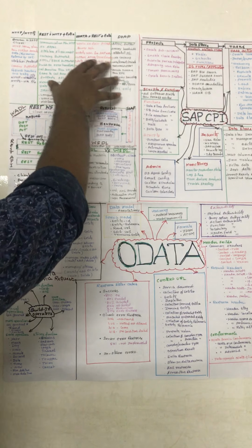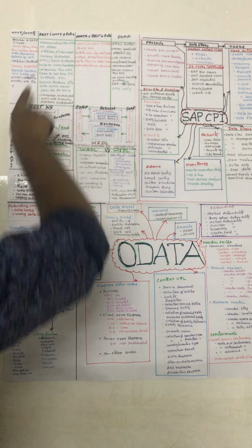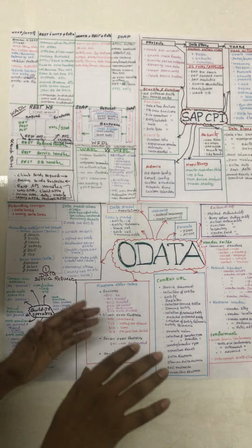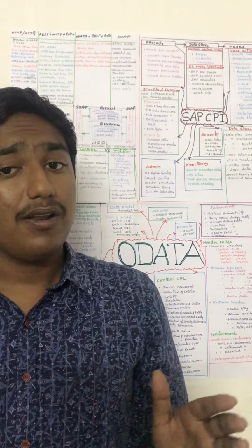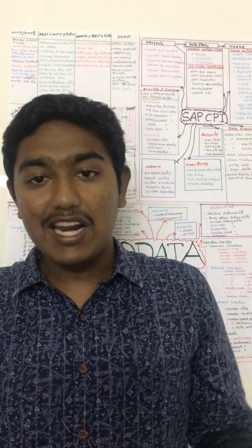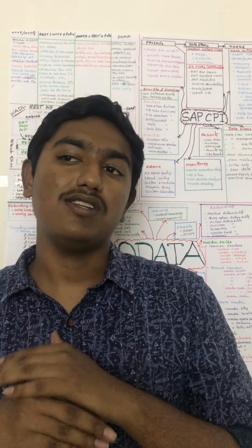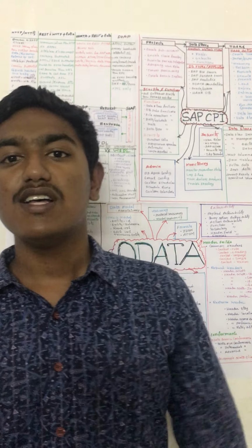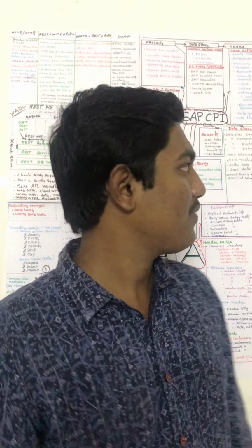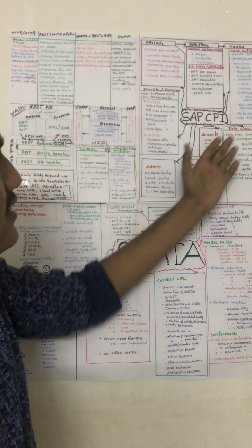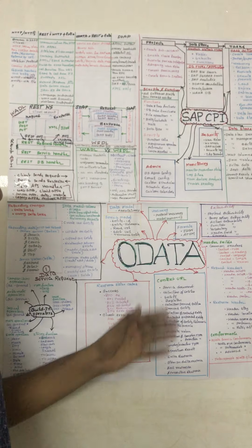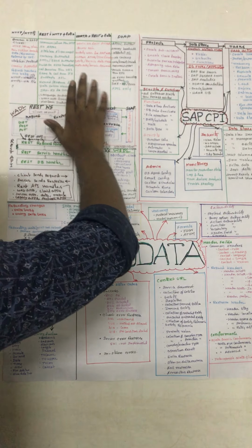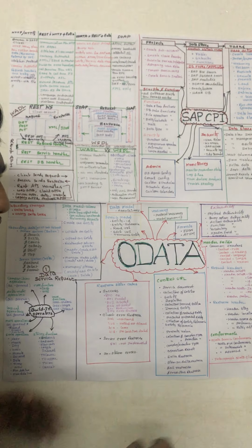If you learn all these things, OData, SOAP, REST, HTTP methods, then for getting, retrieving and sorting information, you are simply a CPI specialist. For data transmissions in CPI, if you learn HTTP, OData, SOAP, REST, that's enough.